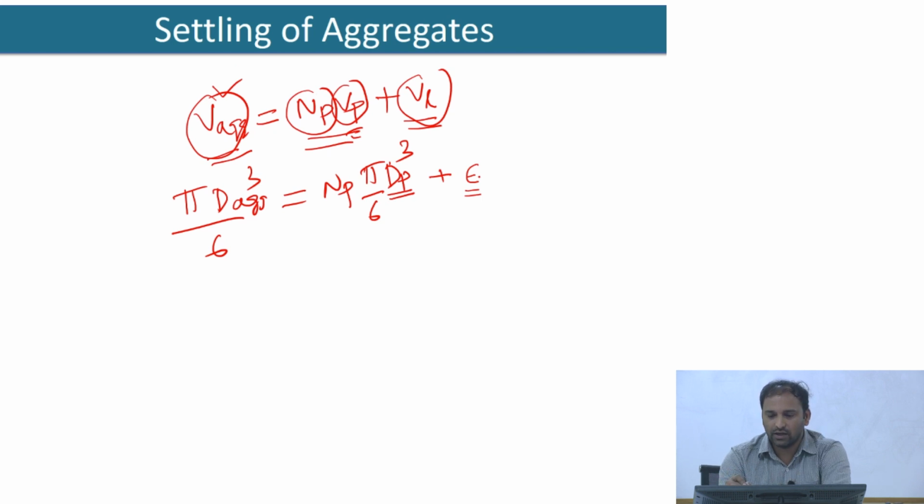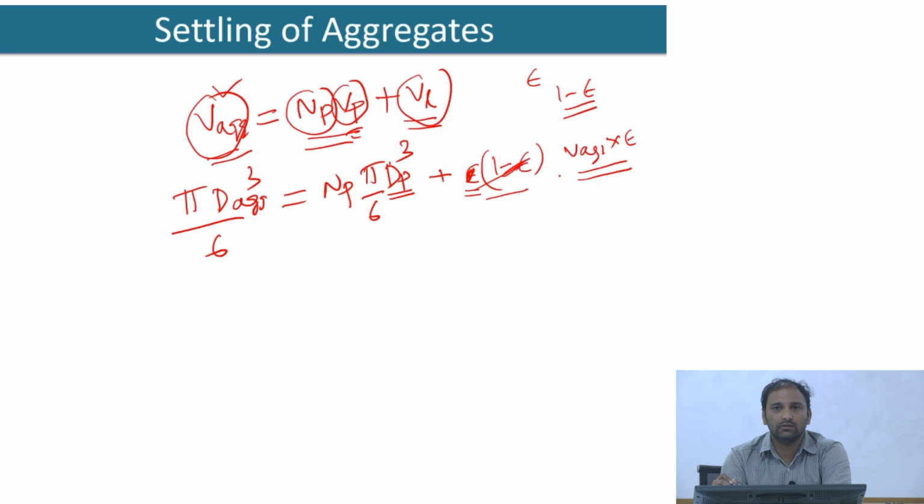So, what I can do is, if I say that epsilon is the liquid fraction, then 1 minus epsilon is the solid fraction, right. Therefore, V AGG multiplied by epsilon would give me the volume of the liquid.